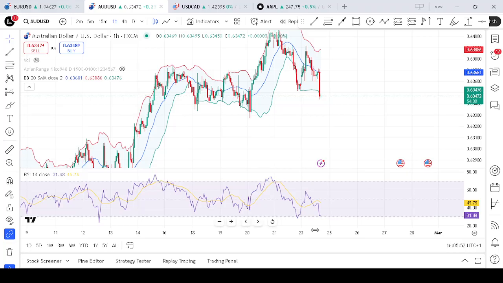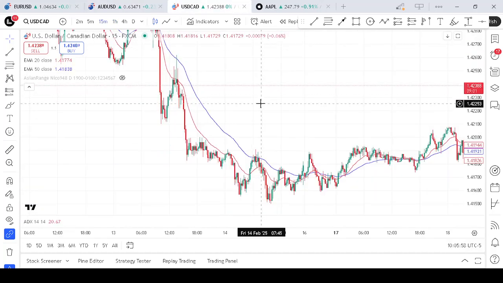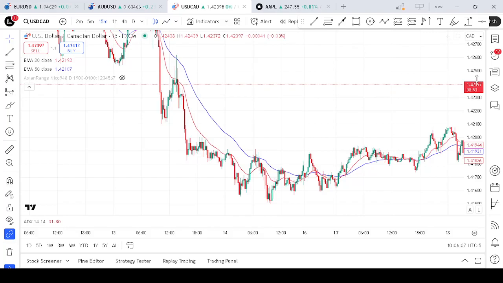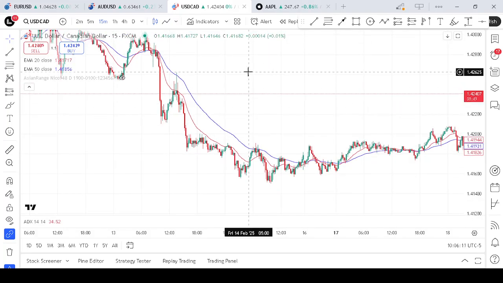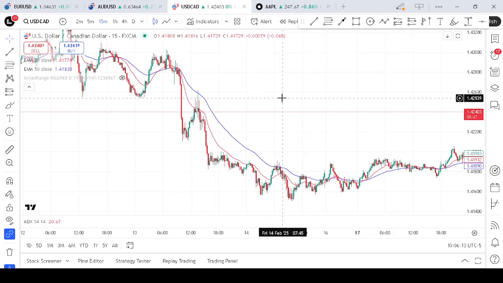One of the most effective trend following techniques is called the moving average technique. To identify and confirm trends as well as potential entries and exits, we use the moving average strategy.